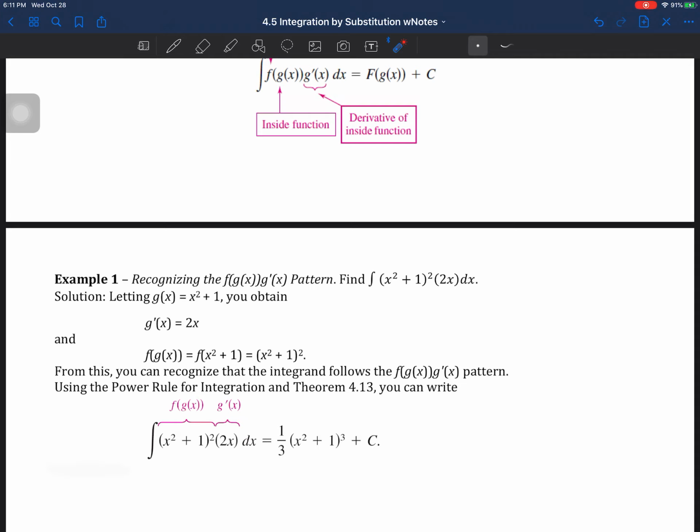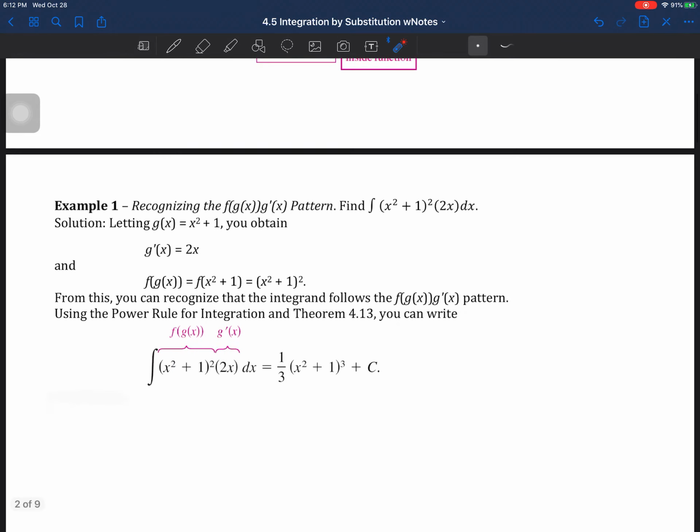You can easily make the silly mistake of picking the wrong function to be your g and your f, but you can verify that you did this correctly by taking the derivative of g. The derivative of g is 2x plus 0. And there you go. So you do have the derivative of g as a product. It seems like everything is checking off.